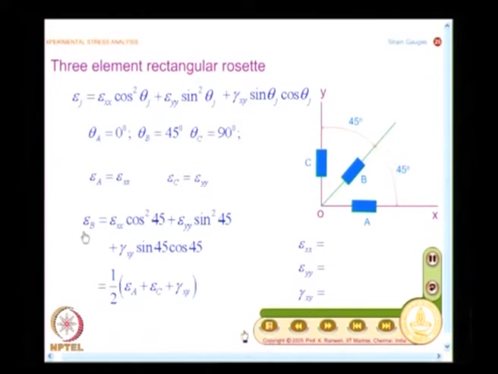When you have the strain gauge at 45 degrees, the strain measured by strain gauge B is related to gamma xy, epsilon c and epsilon a. When you solve these 3 equations, which is straightforward, I get epsilon xx as epsilon a, epsilon yy as epsilon c, and the shear strain gamma xy as 2 epsilon b minus epsilon a minus epsilon c.